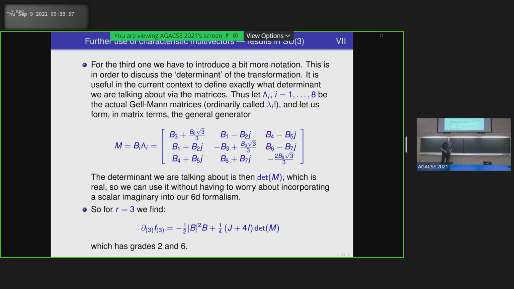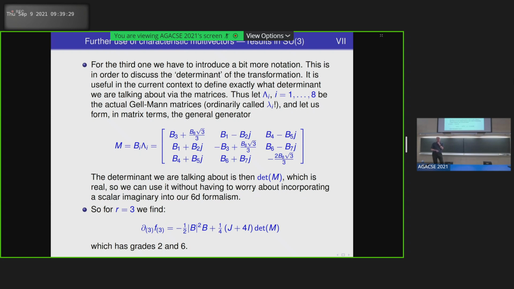The next one, the third one, introduces just one last bit of notation. And it turns out this introduces the determinant of the transformation already at this third stage. The determinant I'm going to talk about is this. Let's use big lambda for the actual Gell-Mann matrices, and let's form in matrix terms the general generators. I've added together with arbitrary coefficients all 8 ordinary Gell-Mann matrices.